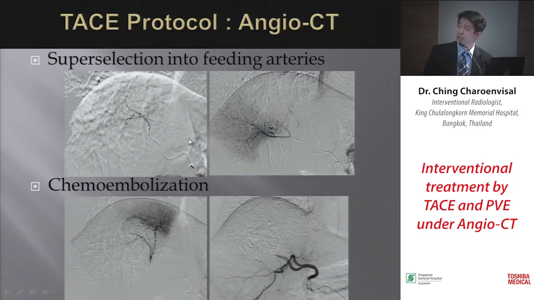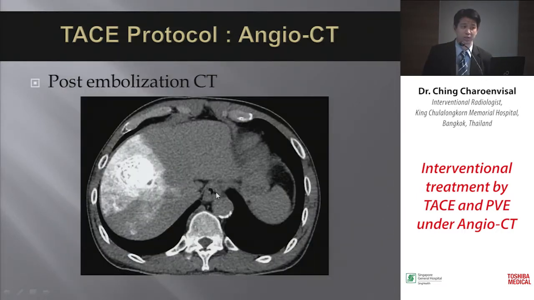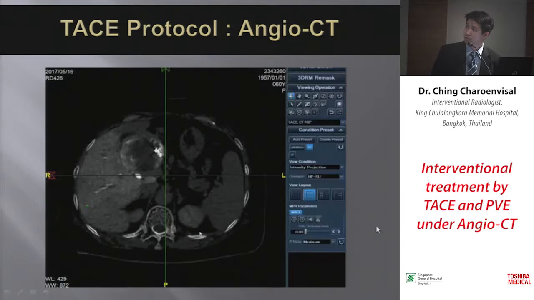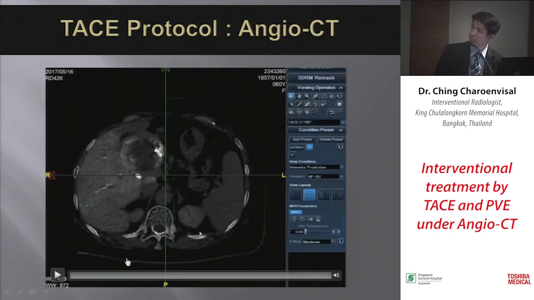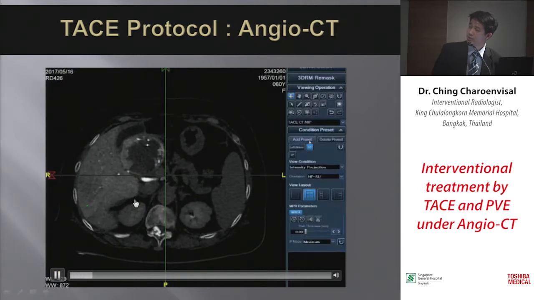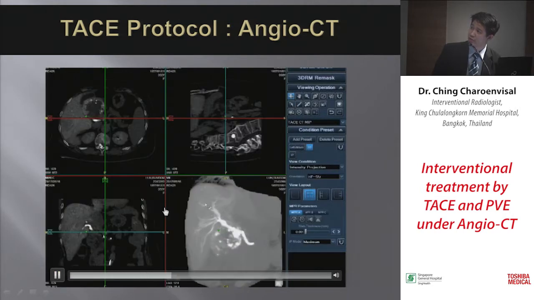After we super-select into the feeding arteries, we do the chemoembolization, and then we do the post-embolization CT. You can see the lipiodol staining. This is an example video. We trace the axial CT and put a marker at the feeding artery.